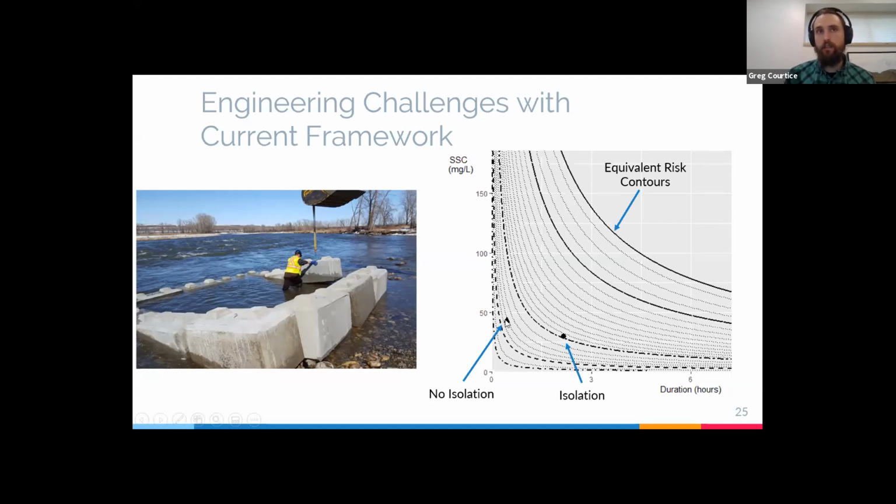And the reason for that is because all of the activities to construct that isolation caused the project to take longer to complete and ultimately release more total mass of sediment than the non-isolated case, which got in, did the work, got out, and it was a more intense exposure, but it took much less time and much less release of sediment to get that done.